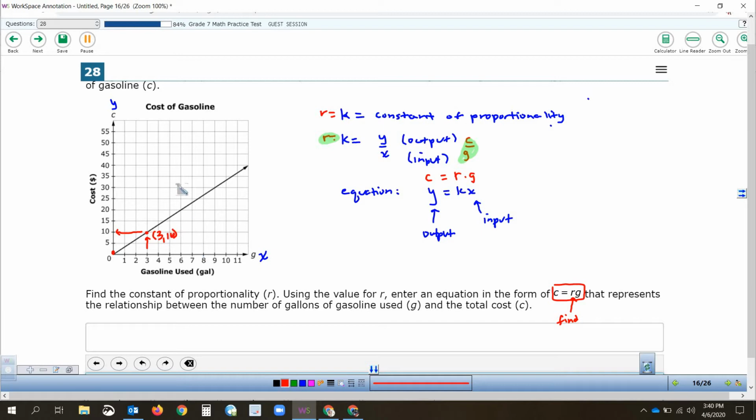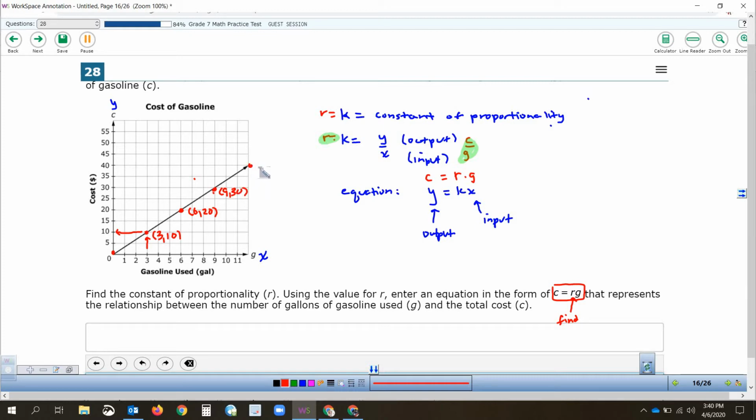So (3, 10) is a point on this line. Now, if you want to know if you've got a correct point, if I go over 3 and then up 10 more, am I on the line again? I actually am. 6, not 6, 10, excuse me, it's (6, 20) that is also on the line. So is (9, 30).